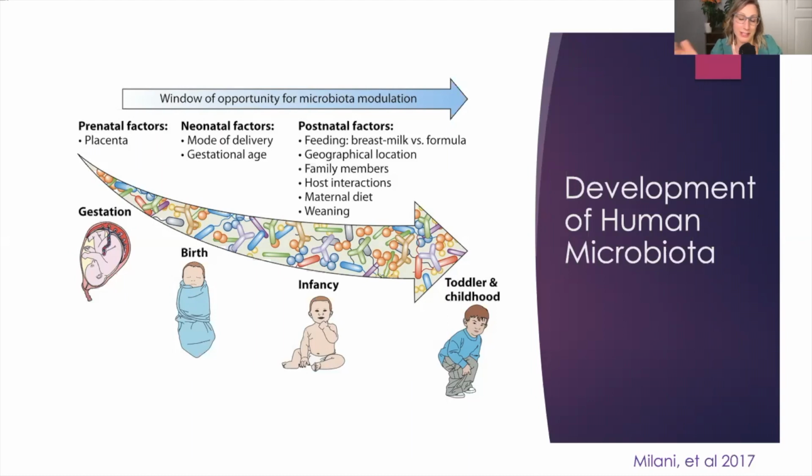Believe it or not, exposure to a dog or a cat is actually believed to be immunoprotective because you get more diverse organisms interacting with your body than if you're not around a pet. Family members, different host interactions, again, maternal diet, and then weaning. There's recently been a press release suggesting that if a baby is fed solid food before the age of a year, then they're more likely to develop obesity.